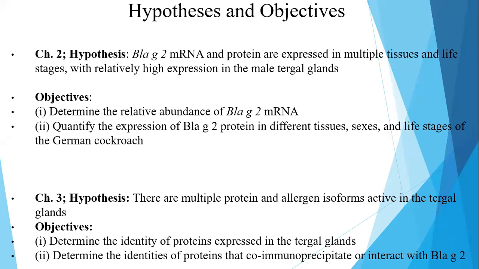So my chapter 3 hypothesis is that there are multiple protein and allergen isoforms active in the Tergal glands, and my objectives are to determine the identity of proteins expressed in the Tergal glands and also determine the identities of proteins that co-immunoprecipitate or interact with Blot-2. And so I'll go into these in depth later.